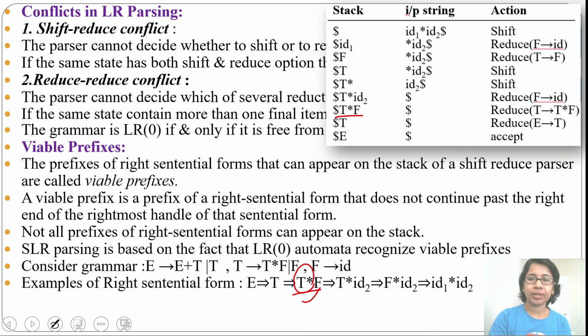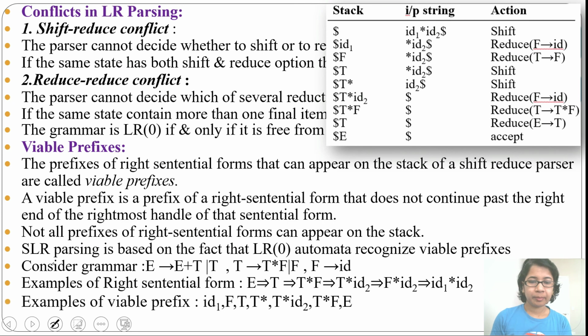T multiplication is on the stack, that is a viable prefix. T is a viable prefix and E is a viable prefix. Only some prefixes of F multiplication ID2 and ID1 multiplication ID2 are not viable prefixes. All the rest of the prefixes of these terms are viable prefixes.